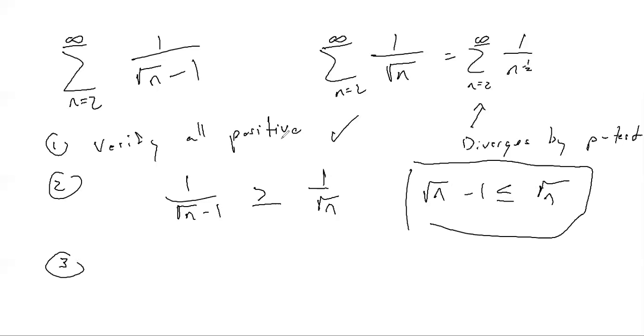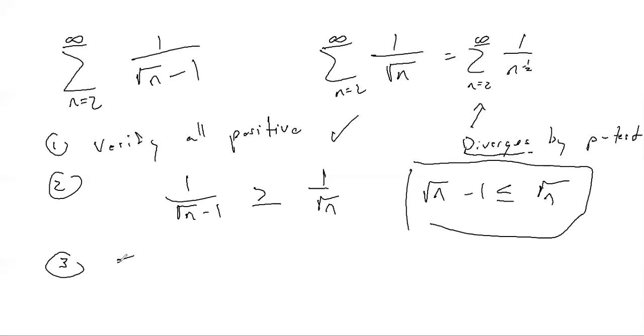Okay, what does that tell us? All right, I have this series. We say this one diverges. And then this series should be bigger than that, right? So does that meet the criteria for the comparison test? Yes. So my original series diverges.